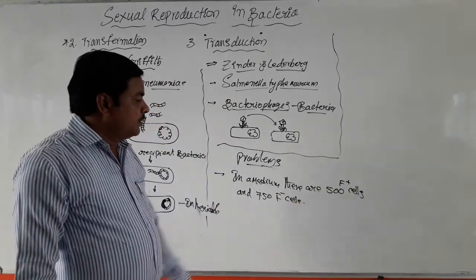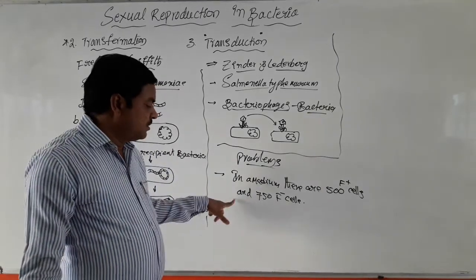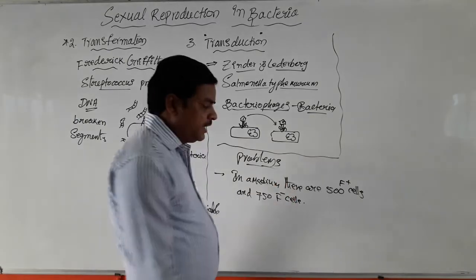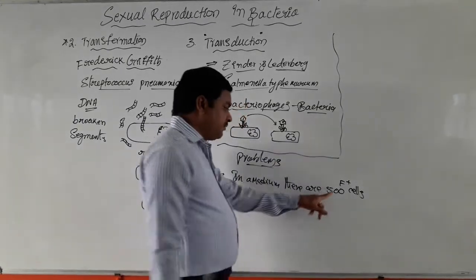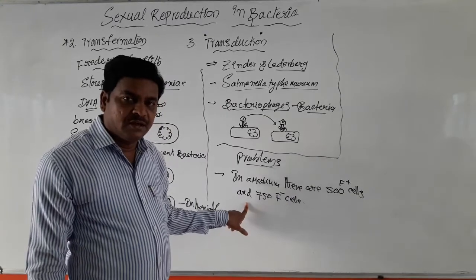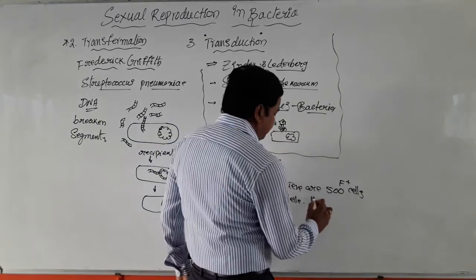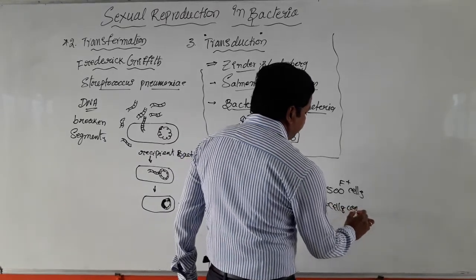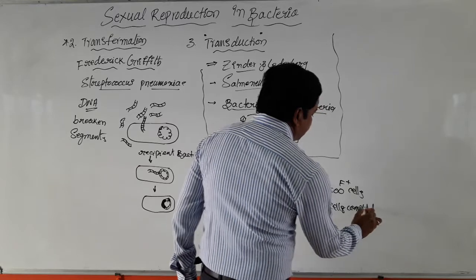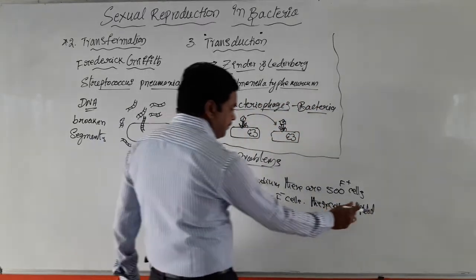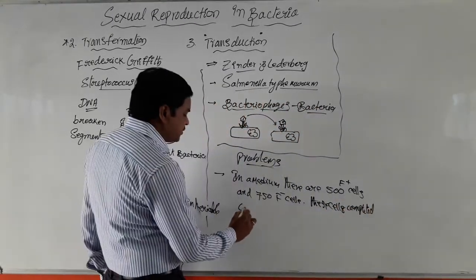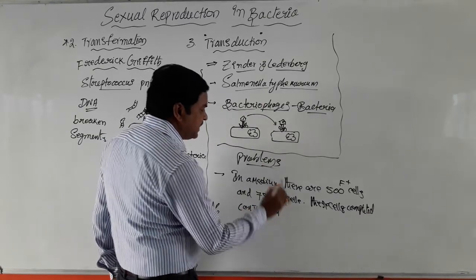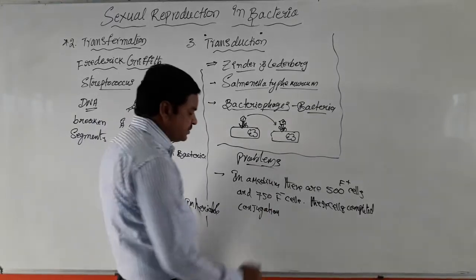There are 500 F plus cells and 750 F minus cells in a medium, and these cells completed conjugation once.